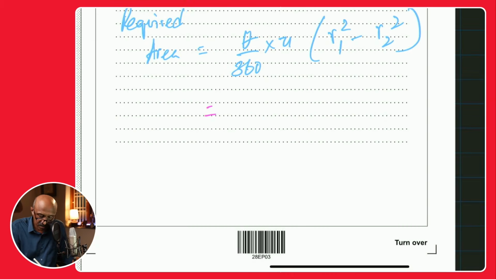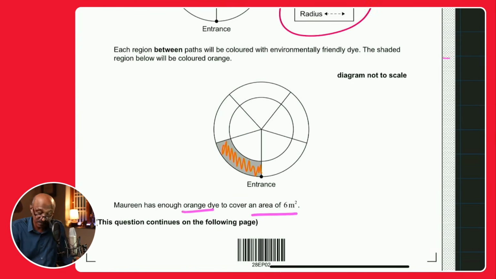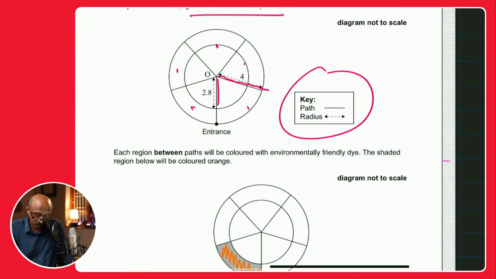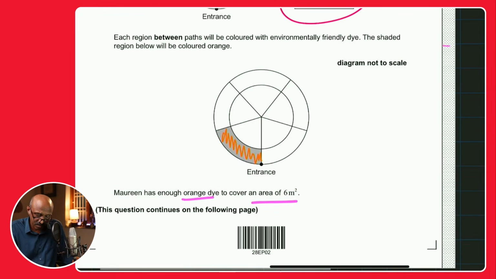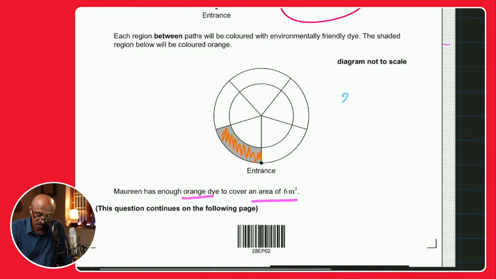And the value of theta is 72. And how do we know that's 72? Well, because we know that there are 5 equal sectors, it says in the question. That means the angle subtended at the center by each sector is 72. How? 360 divided by 5 is 72.